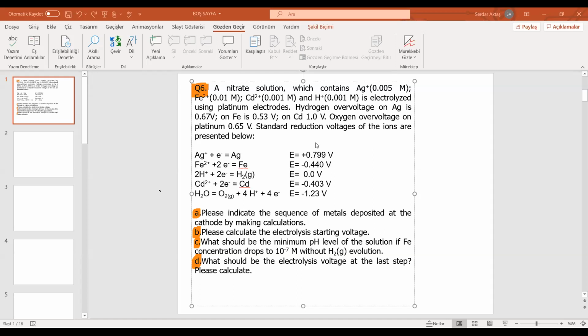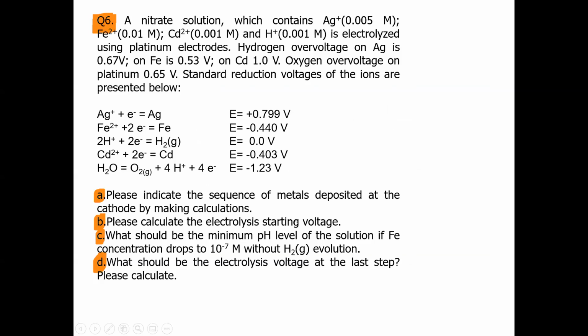Question number A, please indicate the sequence of metal deposit on the cathode by making calculations. Here, normally we would conclude that silver starts off with the reduction, then hydrogen, then cadmium, then iron, theoretically speaking.